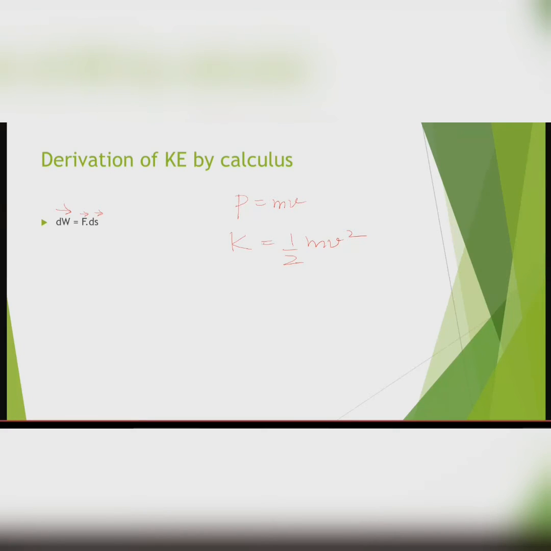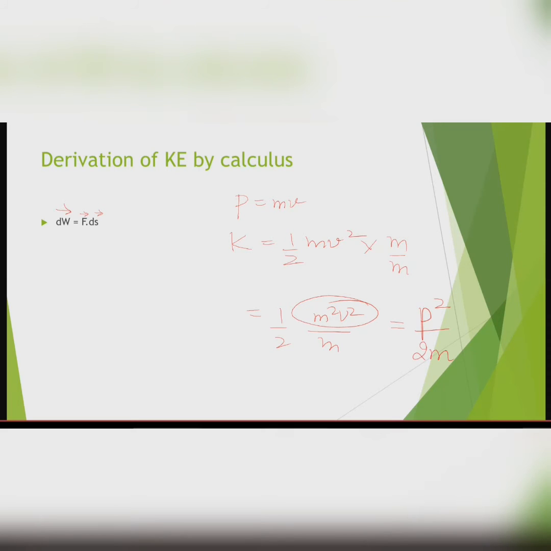Now, if I want to find out the relationship between kinetic energy and momentum, what I can do is multiply this expression by m and divide by m. So I get half m square v square by m. Now m square v square is nothing but your momentum square.